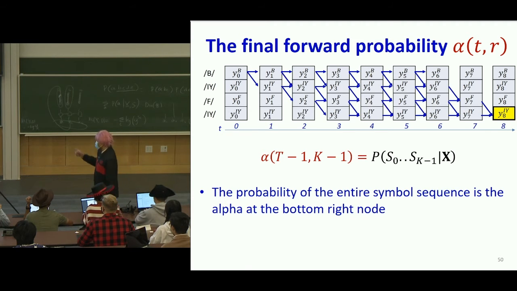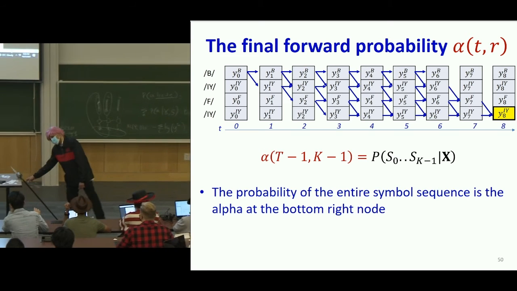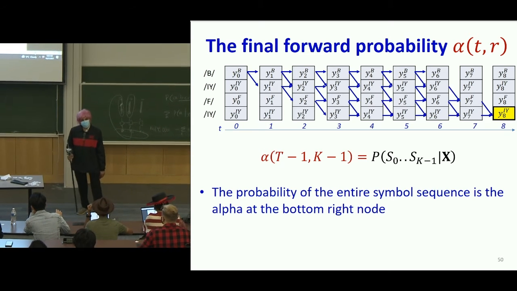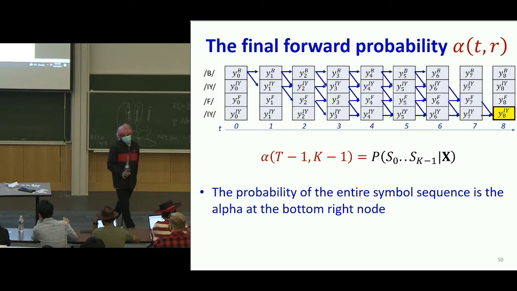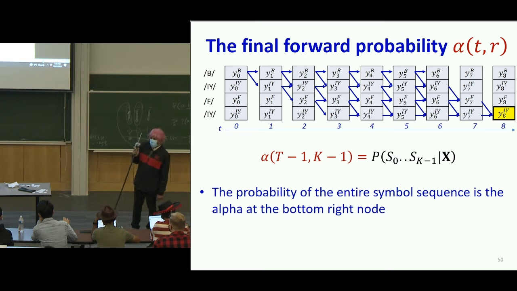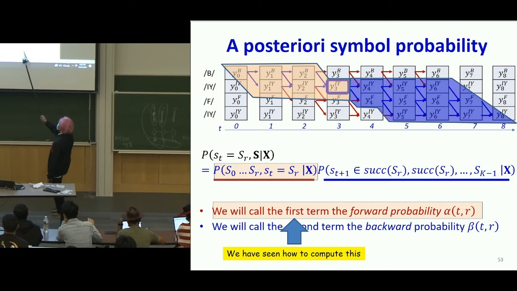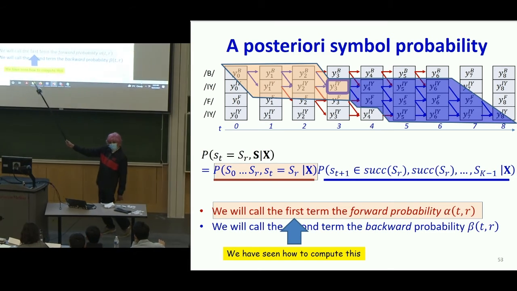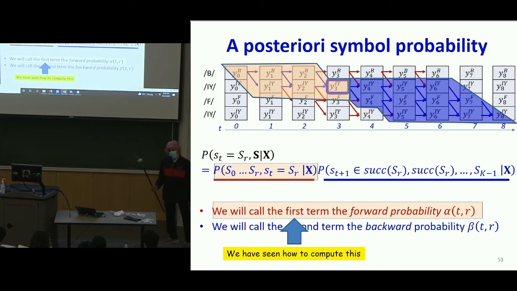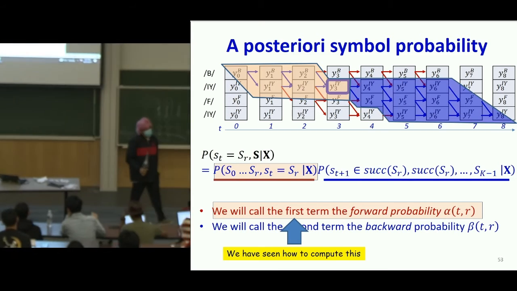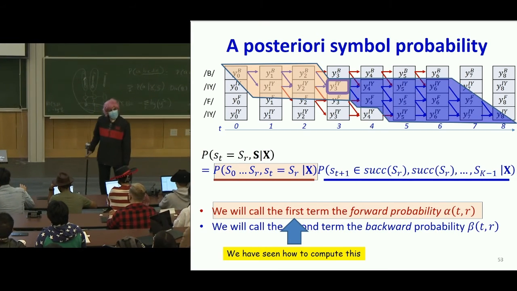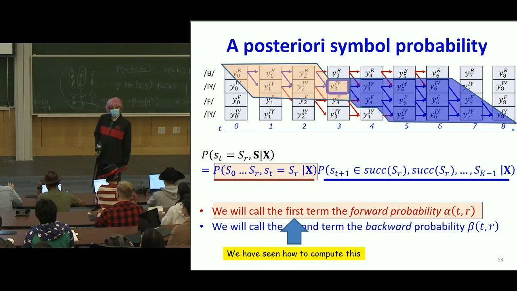So the alpha at the bottom right corner is the total probability of all paths through the graph. But now we have figured out how to compute this first term, which we will call the forward probability, because you're computing this forward from the start to any node, right? We have the second term to compute, which is the probabilities for the blue graph.